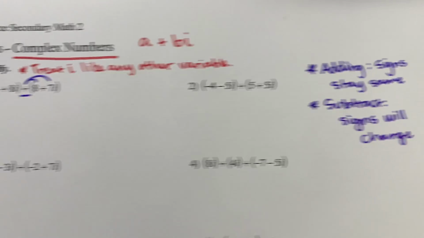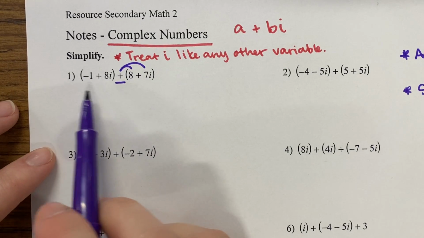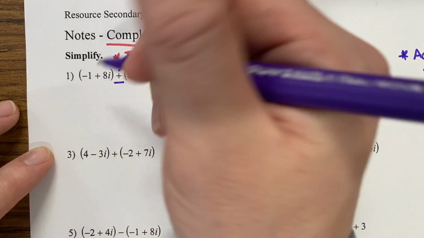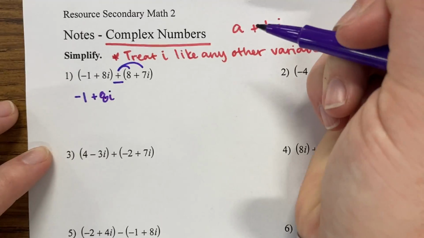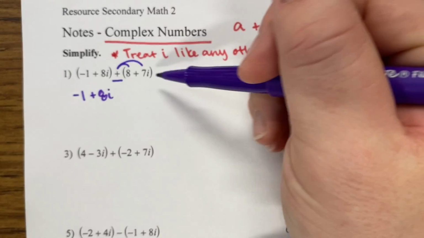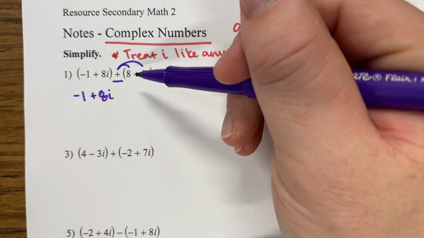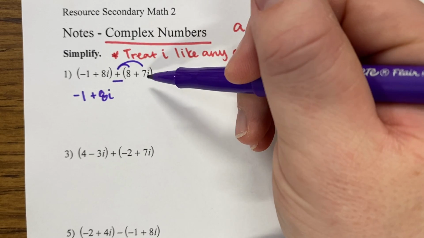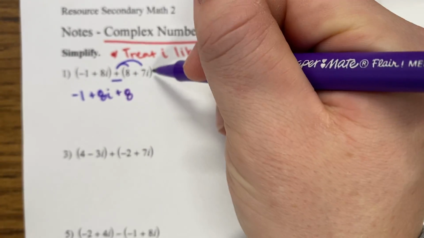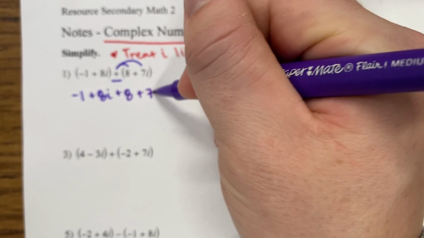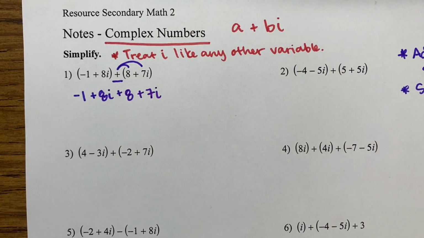Okay, so the first polynomial always stays the same, so we can just rewrite it without the parentheses. -1 plus 8i. Okay, well again, with an addition sign, the terms after keep the same sign, so this is a positive 8, so plus 8. Positive 7i, plus 7i.